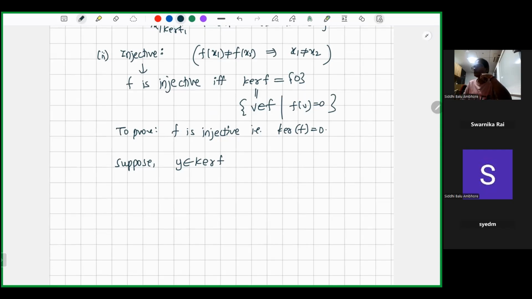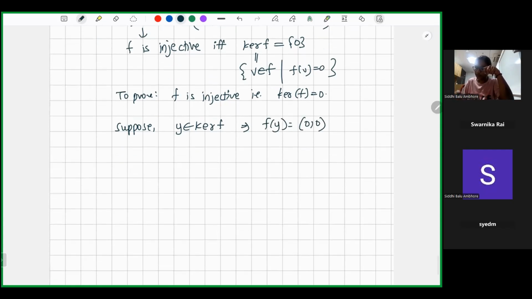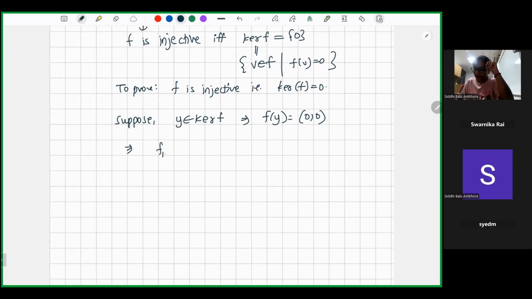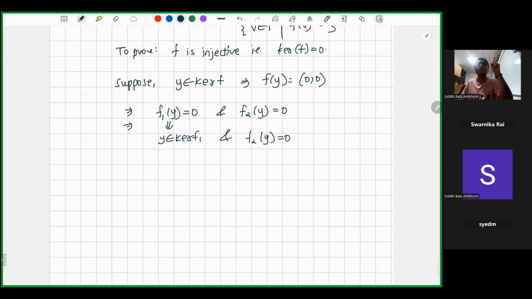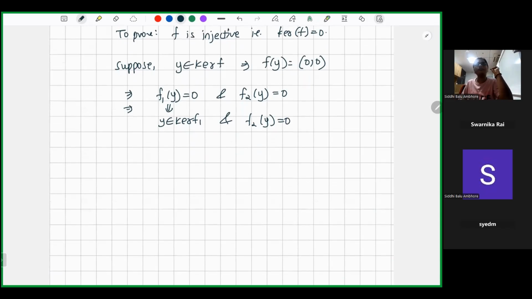Then f of y is 0, 0. So f1 of y is 0 and f2 of y is 0. This implies that y belongs to kernel f1 and f2 of y is 0.